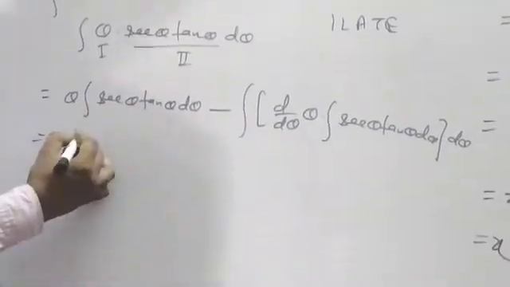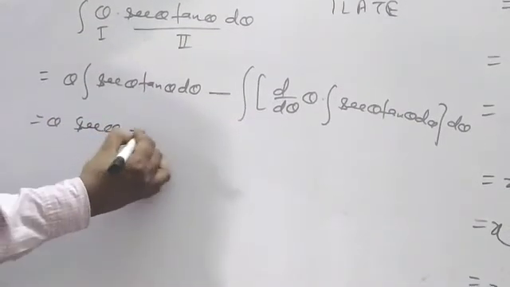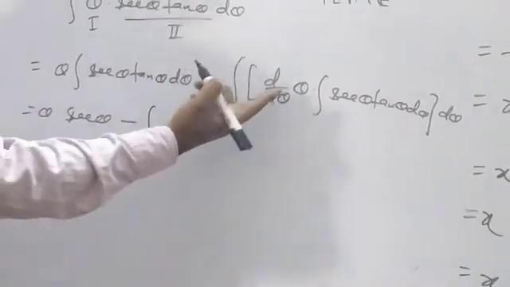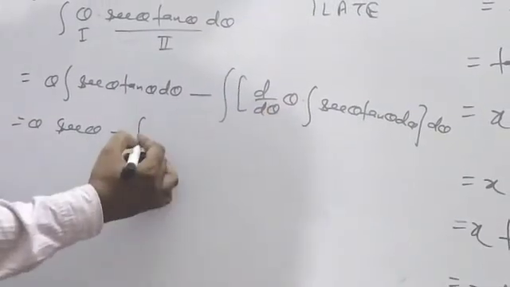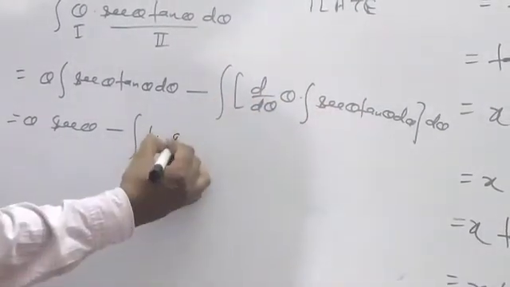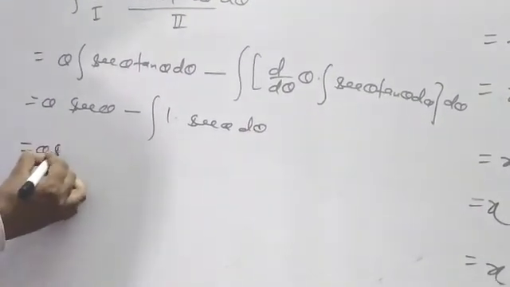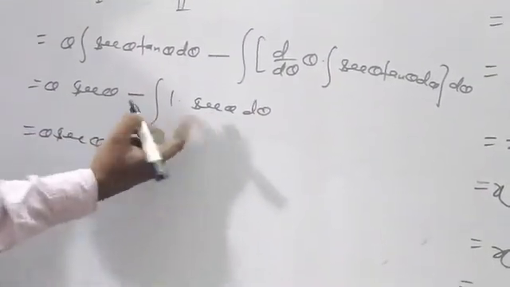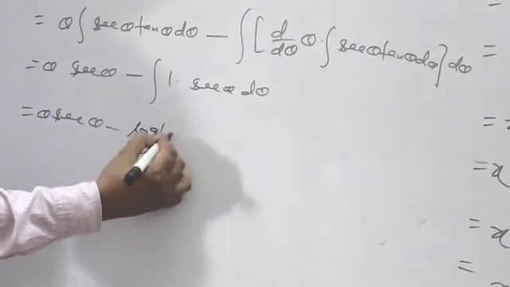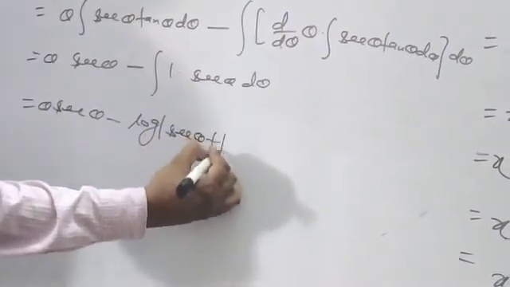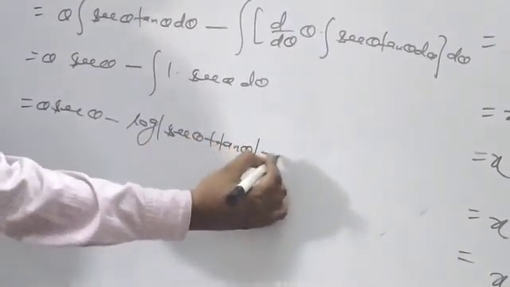Theta, sec theta, then means what? Sec theta minus differentiation of theta with respect to theta, 1, and here sec theta d theta. Theta sec theta, integration of sec theta is equal to what? Log of sec theta plus tan theta plus c.